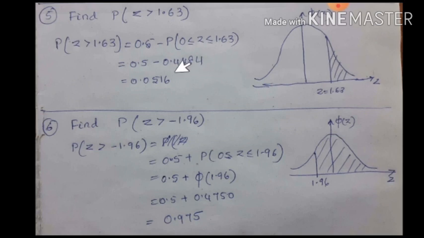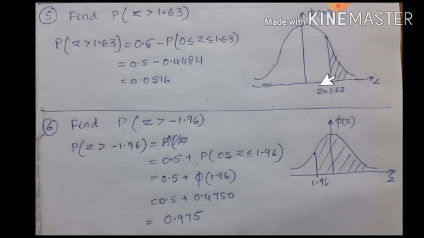That itself in notation we have written: probability of z less than or equal to 1.63, this area I have subtracted. I have taken the full area and subtracted this area. Why are we doing it like that? Because we don't have in the normal table the value of the area under a normal curve from 1.63 till the last value.